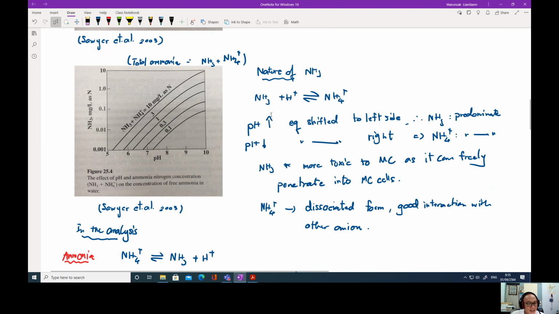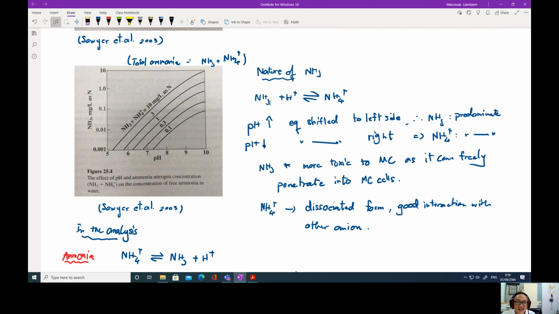If the pH is increased, higher pH means the amount of hydrogen ion gets lower. So if this one gets lower, what will happen? The equilibrium will shift to this side.